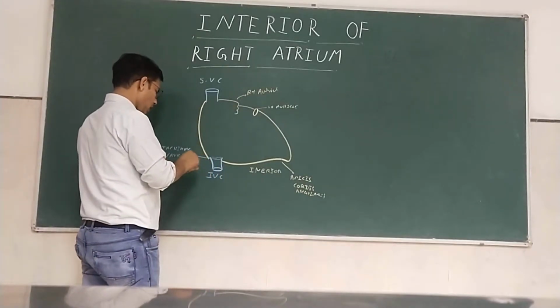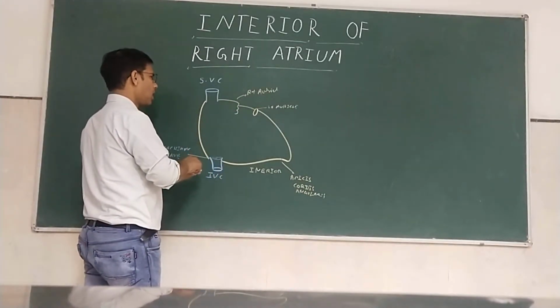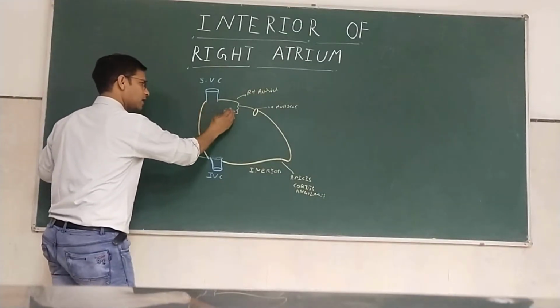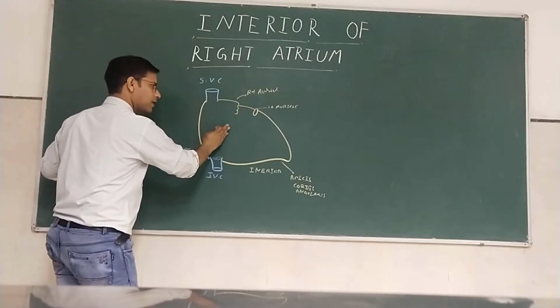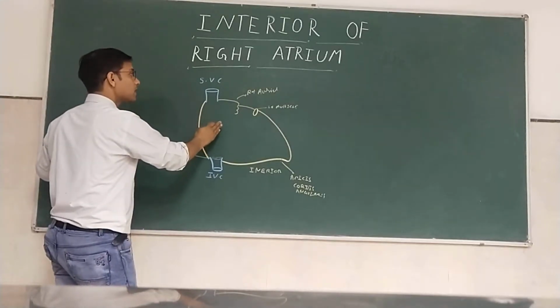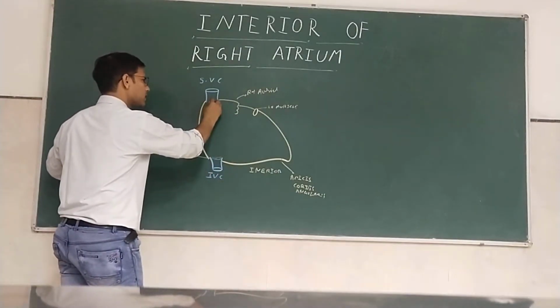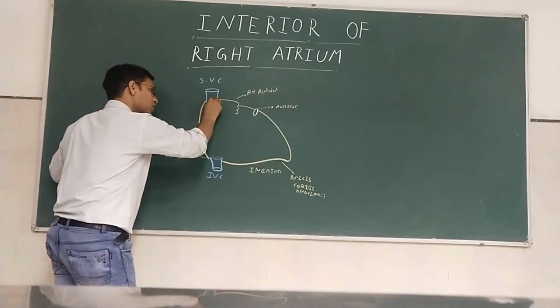Now, if I want to draw a section of this one, the right atrium is supposed to have two parts, and I am drawing this diagram in the form of a section.